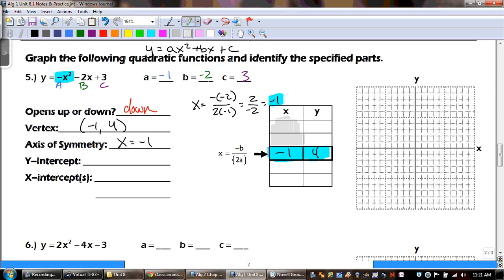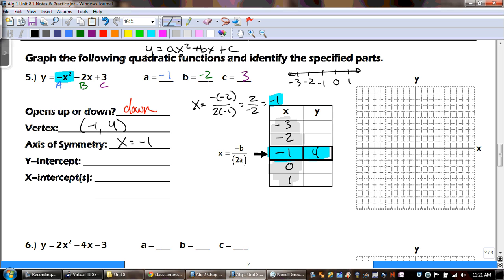And the rest of these, we've got to figure out what those other numbers are. We've done things like this before, where we want the next two numbers up and the next two numbers down. So if I go to the right on a number line from -1, it would be 0 and 1, and then to the left, -2 and -3. That's how we fill out the rest of that chart.